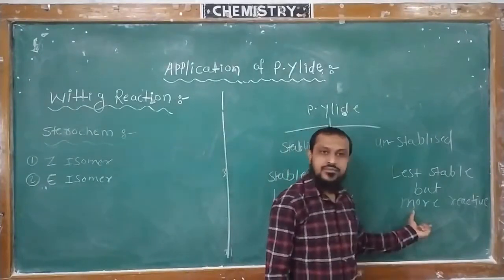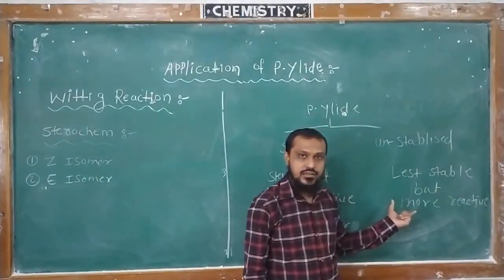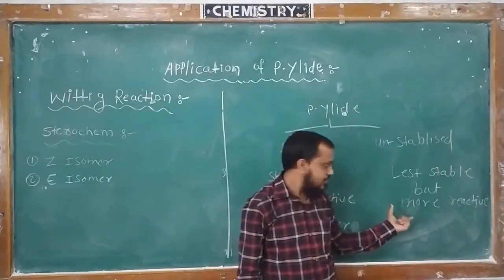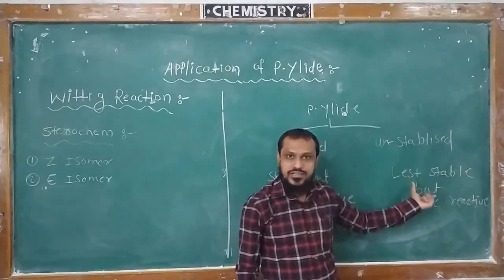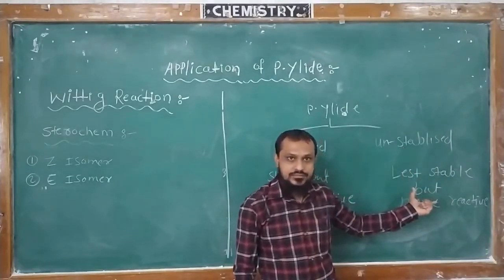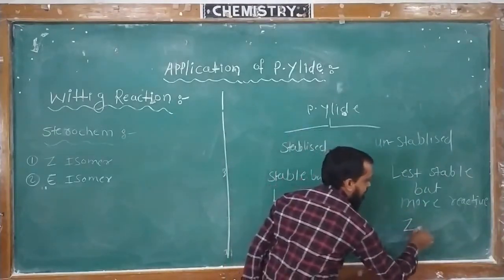And if in the preparation of alkene the unstabilized phosphorus ylide is used in a Wittig reaction, then the alkene will be formed as the Z type isomer.